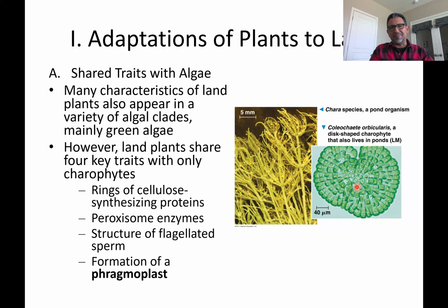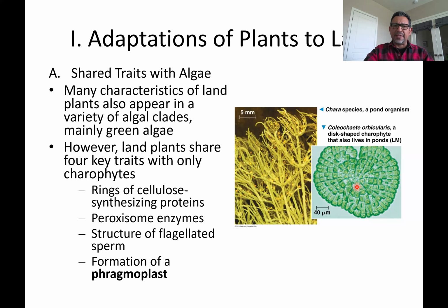So here's one of them. Yes, plants can produce cells with flagella, but that is only the flagellated sperm in the plants that are still depending on water for reproduction. And we will study in more detail those plants, which will be the bryophytes, and also ferns have the flagellated sperm.